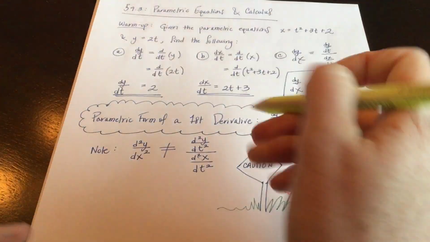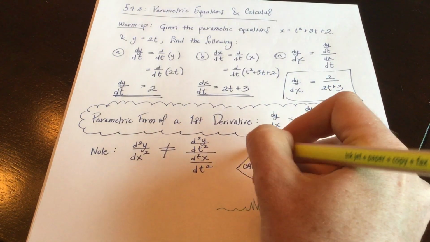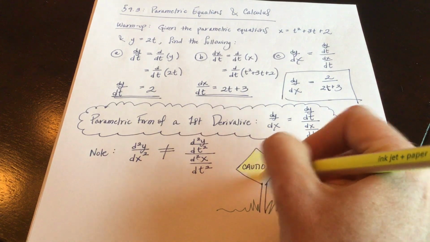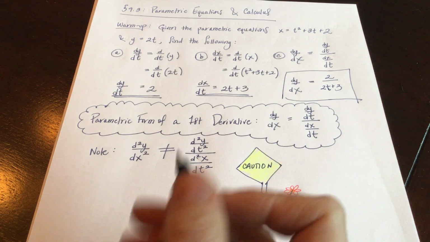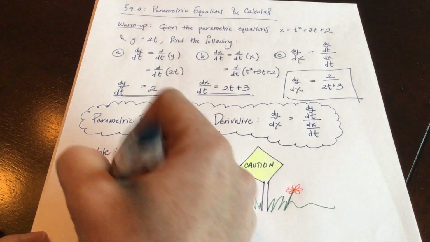I'll give you a little yellow center, and we'll even make the caution sign yellow. There you go. Anyway, common, let's say, educated mistakes.